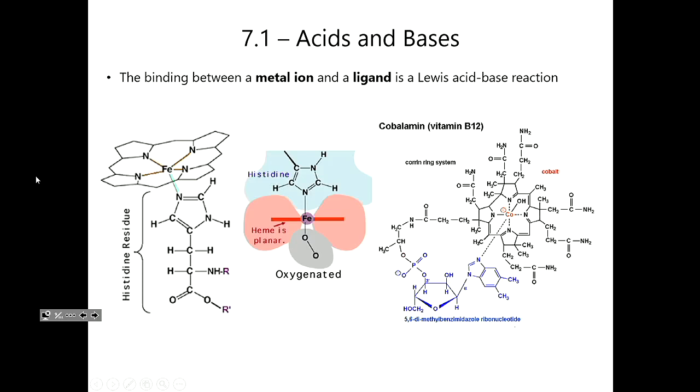There's another coordinate covalent bond that's formed by an appendage coming from the globin protein, which is an amino acid component, and I'm going to draw the lone pair here to exaggerate. That nitrogen is donating a lone pair, 2 electrons coming from the nitrogen. The iron latches on to that lone pair.